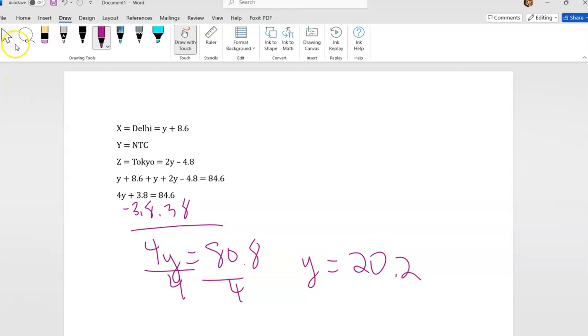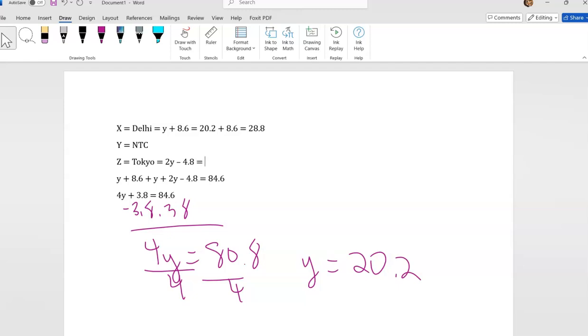Now I can use this information to backtrack. What is the population of Delhi? Well, it's 20.2 plus 8.6, which is 28.8. What about down here?